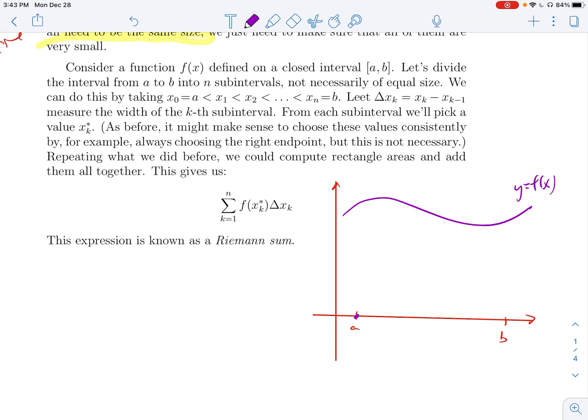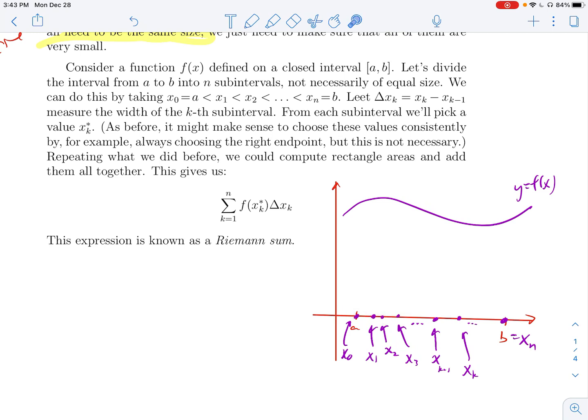So here, a, we'll call that x0, and maybe here's x1, and here's x2, and here's x3. I'm just breaking this up. They don't have to be of the same size. A bunch more, maybe here is k minus 1, and here is k. A bunch more, and here's our last one, n. So 0 to 1, 1 to 2, 2 to 3, etc.